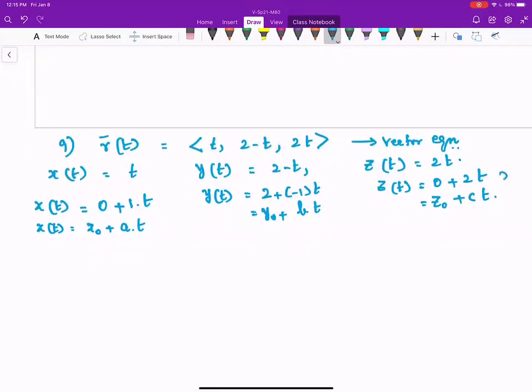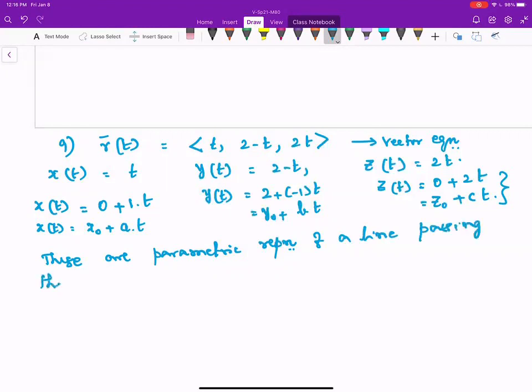So these are the parametric representation of a line passing through the point x0, y0, z0, which is 0, 2, 0.